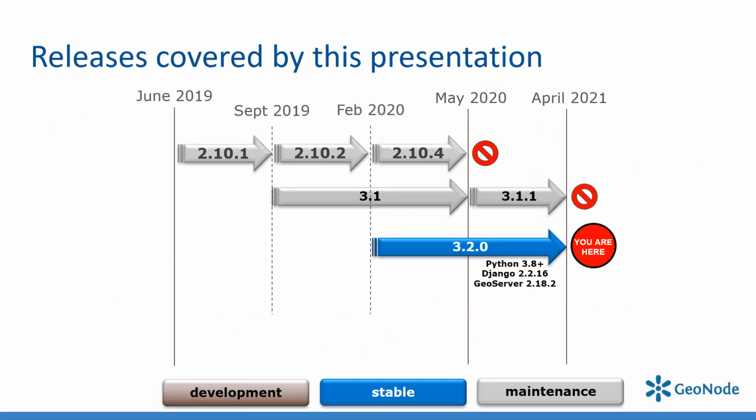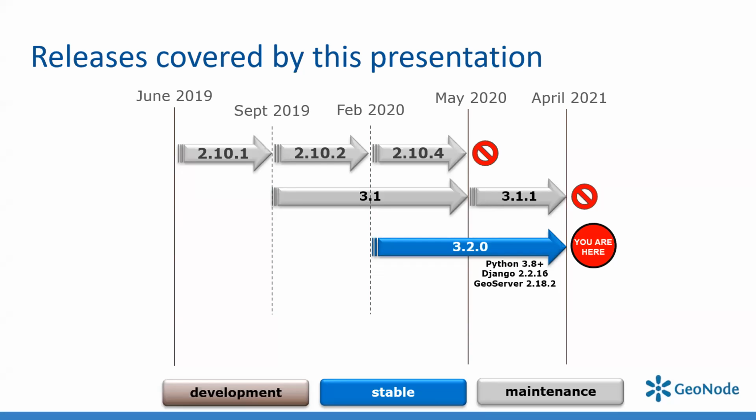Okay, so this small schema explains the release process. Currently the stable version will be the new upcoming 3.2.0, and 3.1.1 will be the last one for GeoNode 3.1, and then we will continue the development on a 3.2.x branch.